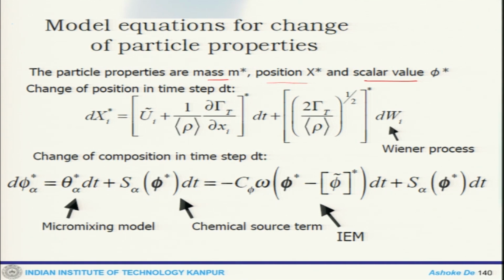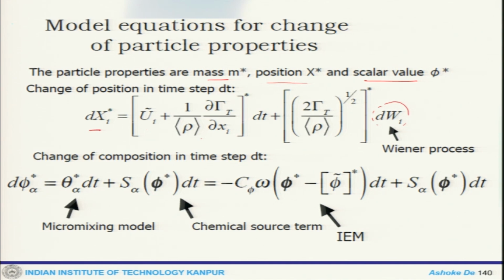Now, the change of position in time step dt. From one position, there will be a delta x change for a particular particle. This is due to the mean flow field and the gradient, plus the other part, the Wiener process. This is a random process which will allow the particles to move stochastically.